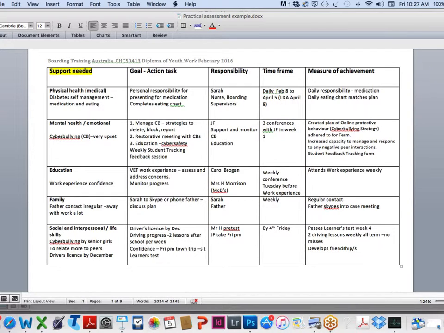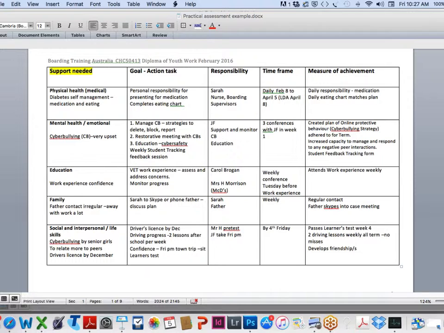And we're doing that weekly student tracking feedback session every week. That will have an influence on her keeping on track with all of that. So I'll show you those attachments about the cyberbullying as we get to the end.